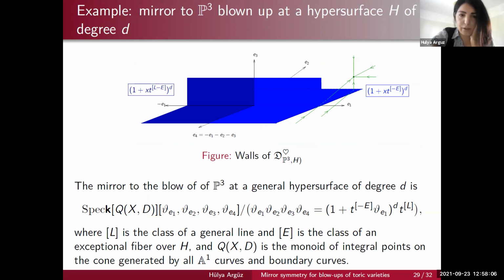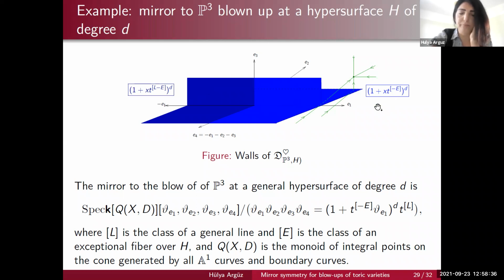If you blow up a line non-torically in one toric boundary component P2 of P3, then you have an initial wall formed by the light blue thing, which is obtained by tropicalizing your line and moving it. And to complete it to a consistent scattering diagram, the functions attached to this thing combinatorially were all 1 plus T1x.